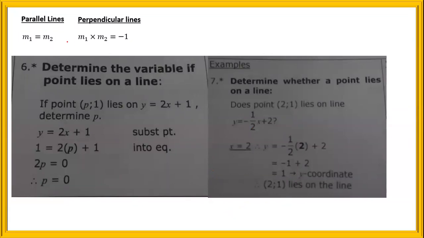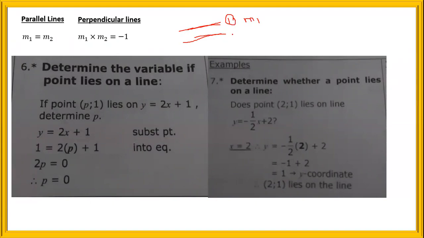So sometimes you are given maybe 2 lines like this. Okay. 2 lines that are parallel to each other. If you know the equation of the first line, that is, you know the slope or the gradient of the first line, right?